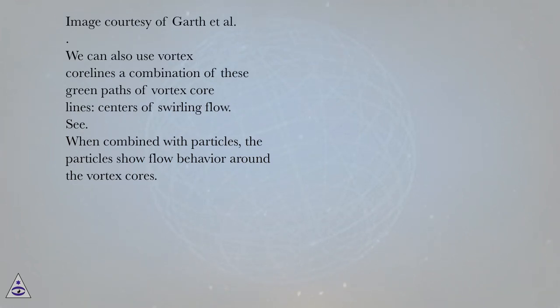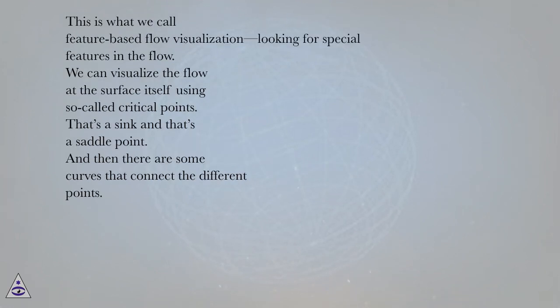We can also use vortex core lines, a combination of these green paths of vortex core lines, centers of swirling flow. See? When combined with particles, the particles show flow behavior around the vortex cores. This is what we call feature-based flow visualization, looking for special features in the flow. We can visualize the flow at the surface itself using so-called critical points.